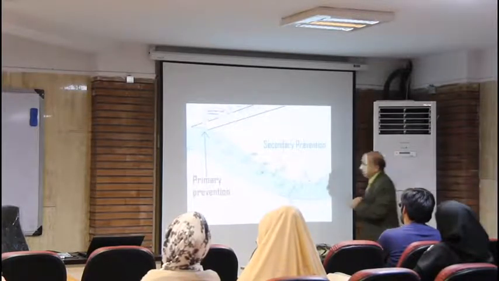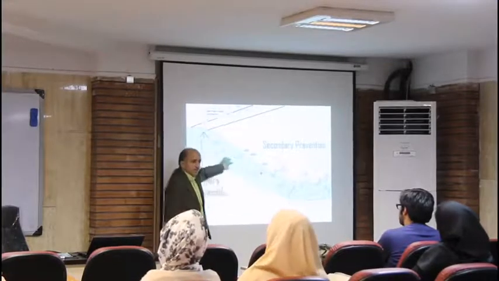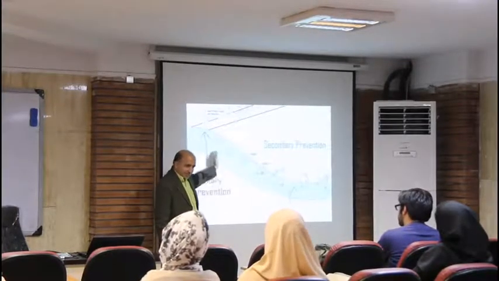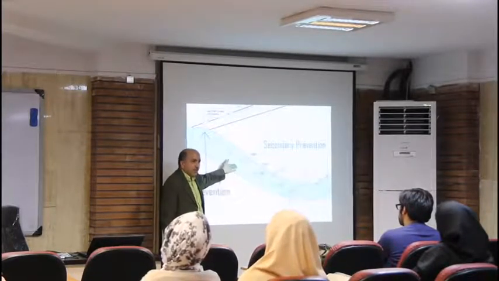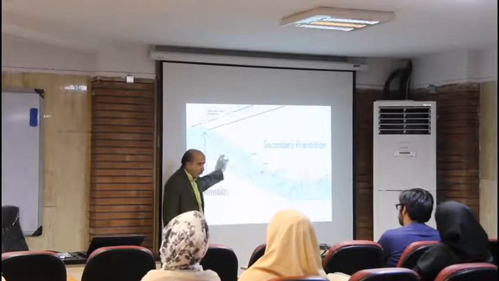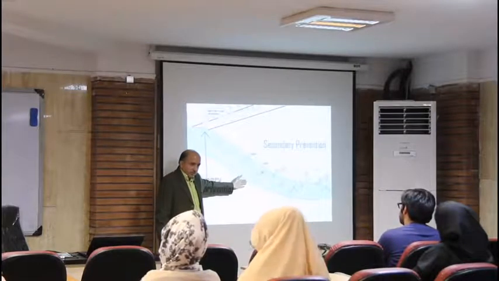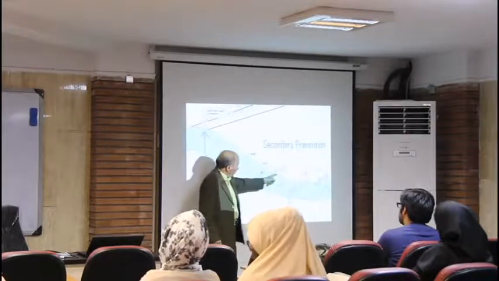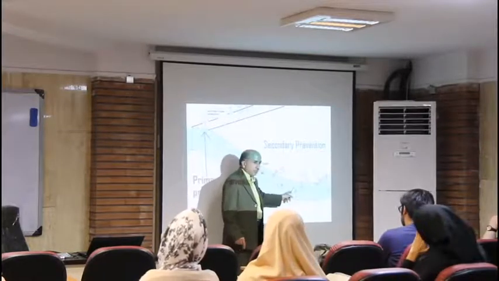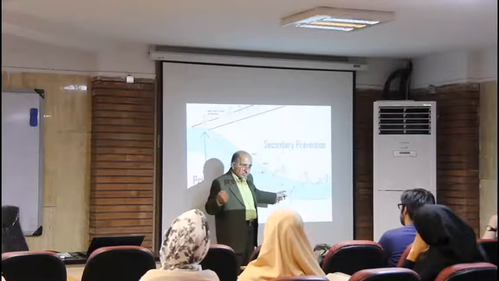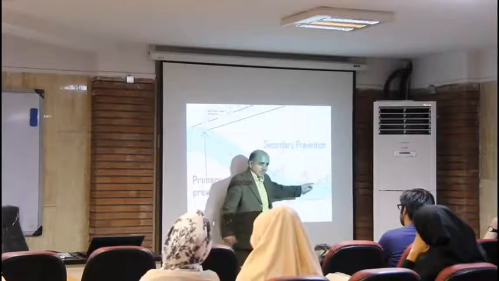So as Sohail said, you see here, there is a river, yes? And some people have fallen and they are drowning in the river. If you are here for saving people, for getting them out of the river, your activities mean secondary prevention.